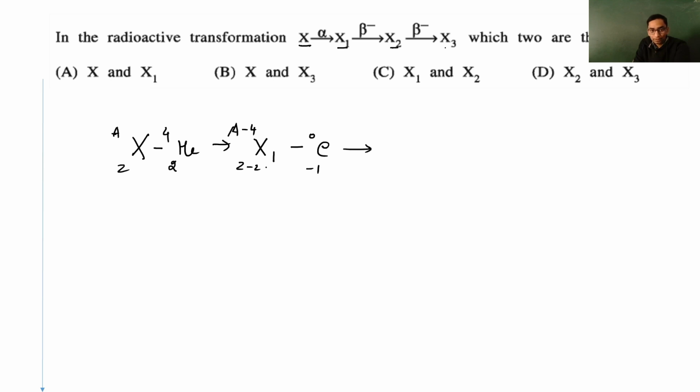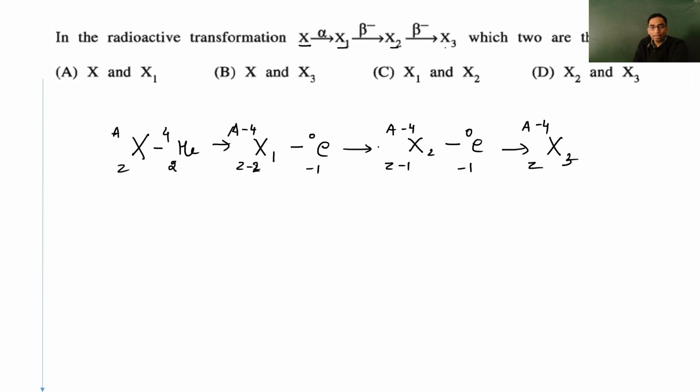So this is Z minus 2 and then plus 1, so it is going to be Z minus 1, and then it disintegrates into X2, no change in the mass number. Again there is a release of a beta particle, minus 1 0, again it breaks into a new element, that is X3, and then we have A minus 4, and again it is Z only.